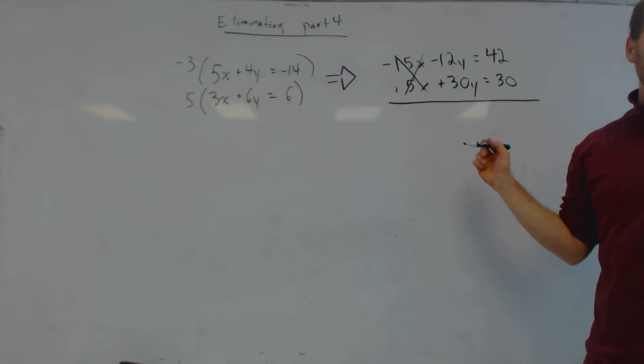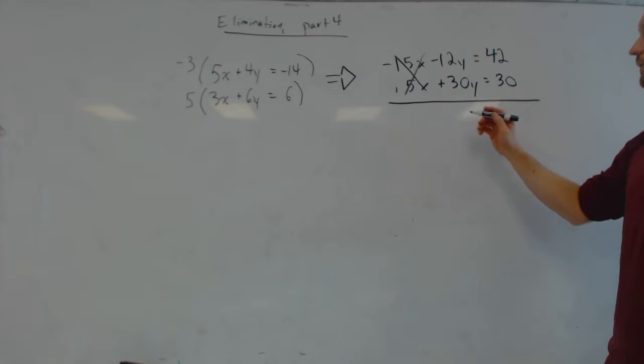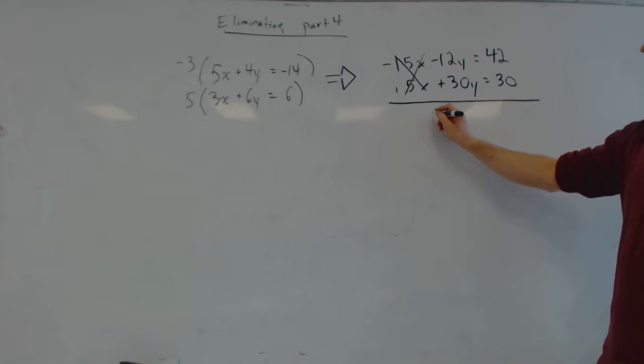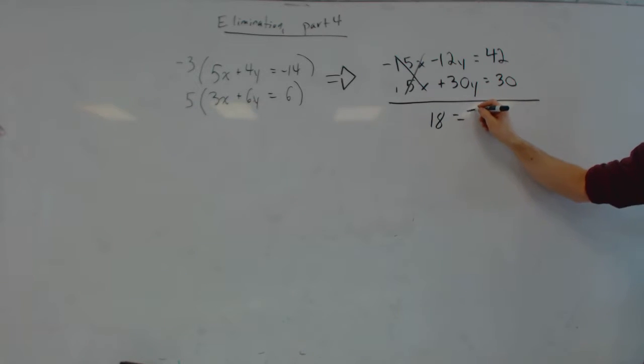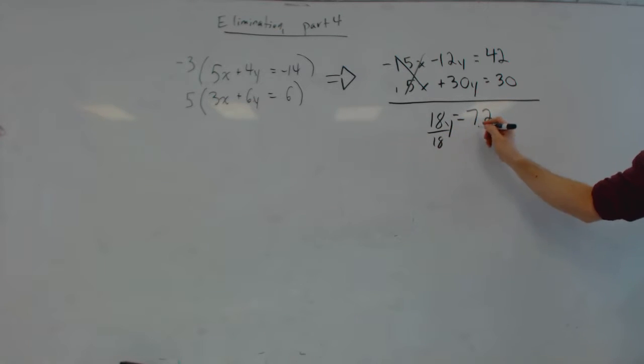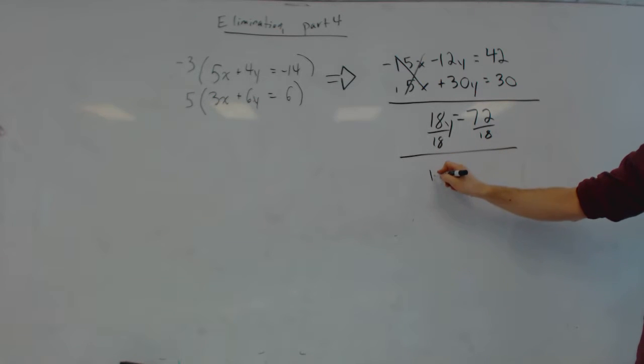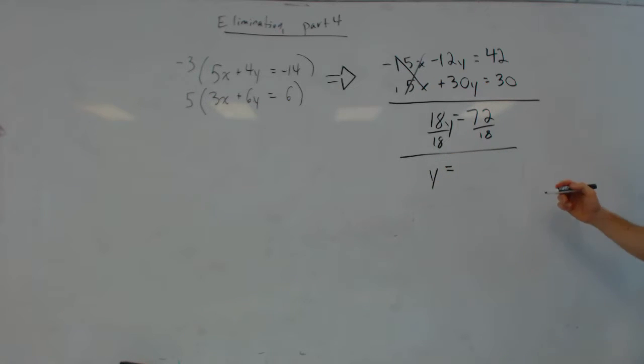And I'm going to go through this part pretty quickly because you guys know how to do this already. Negative 12 and 30 is 18. 42 and 30 is 72. Oops. Divide both sides by 18. Y equals, so I'm trying to think of something times 18 that equals 72, right?